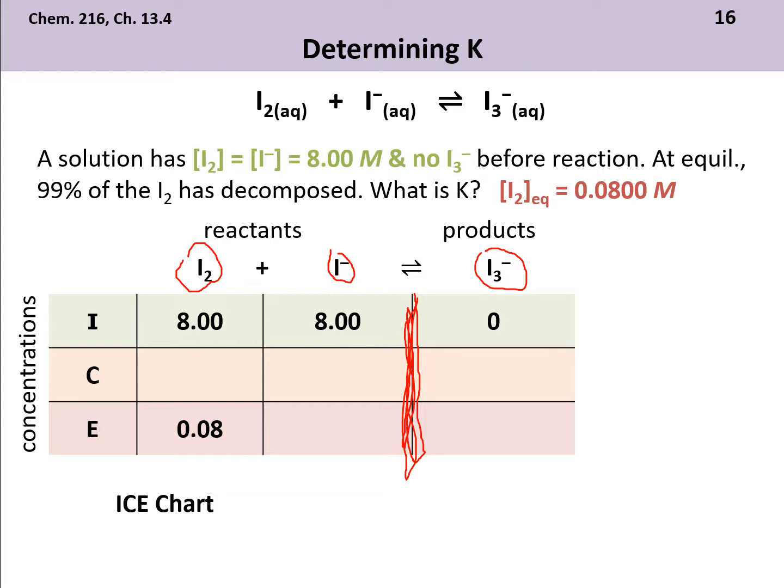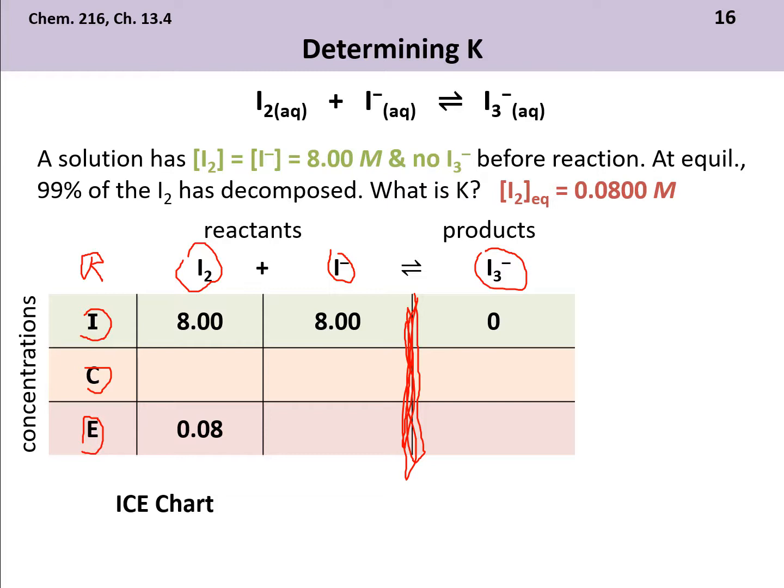I put ICE: initial, change, equilibrium. By the way, sometimes they call these RICE tables because you put the reaction at the top. I think that's just stupid. It's called the ICE table, so we just use that.